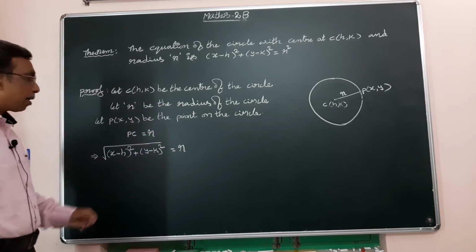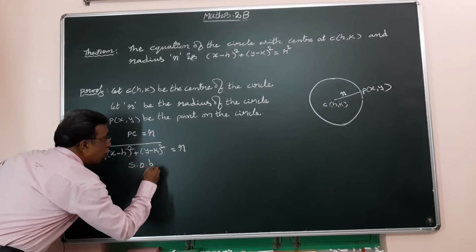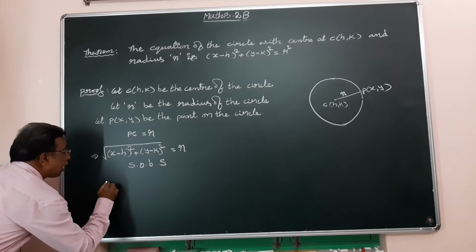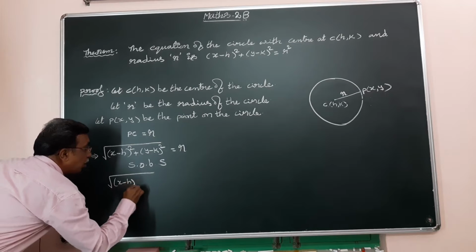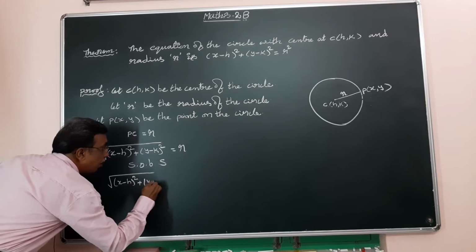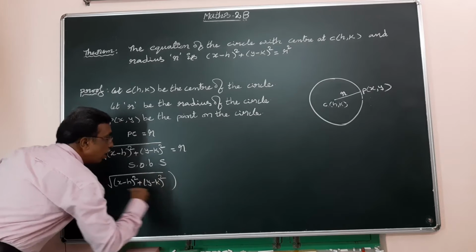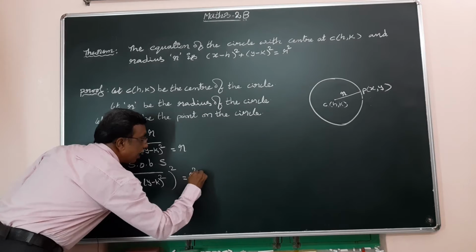Now squaring on both sides. Square root of x minus h whole square plus y minus k whole square equal to r square.